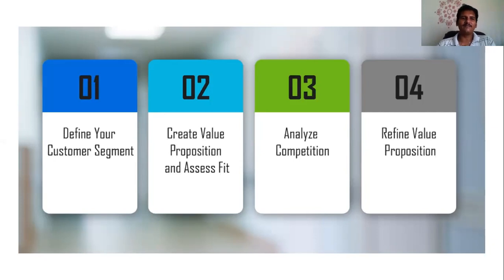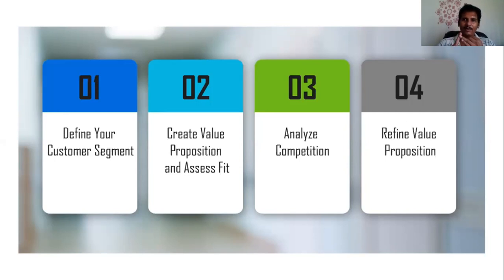The first step is defining your customer segment. The customer segment has 3 parts. One is the jobs to be done by the customer. Second, the pain points for the customer. Third, the gains the customer requires. According to the jobs to be done, the product has to deliver services.